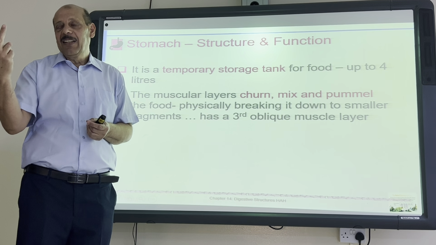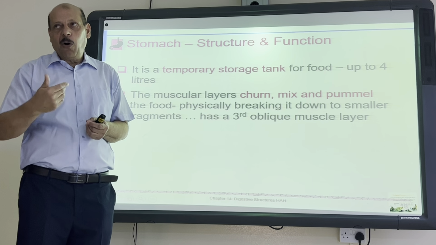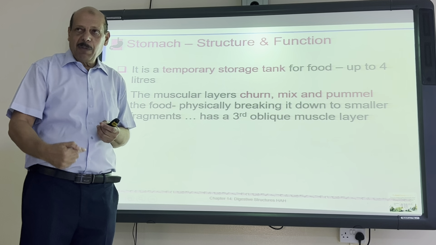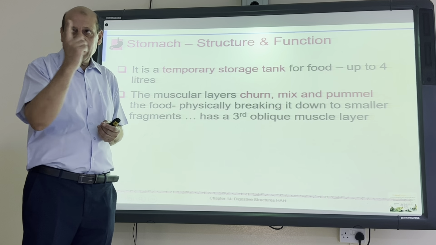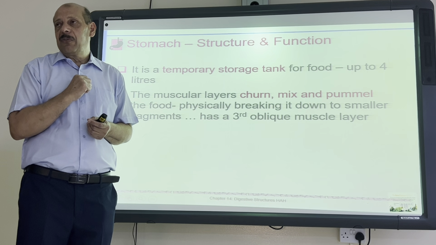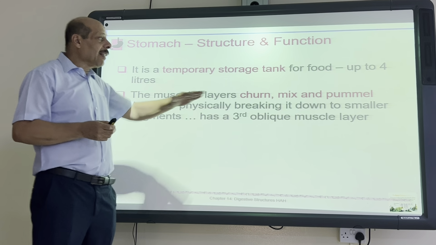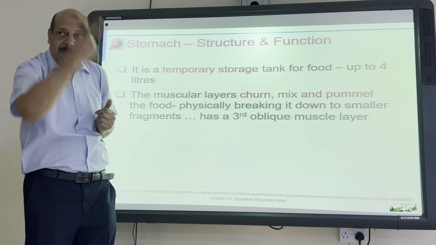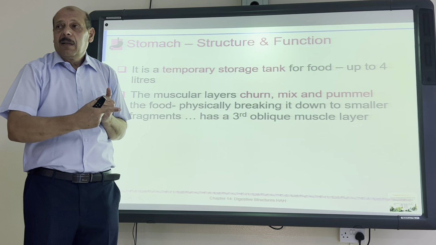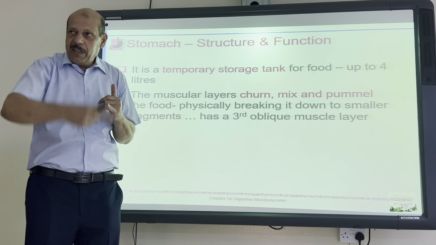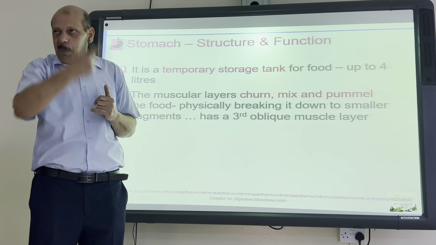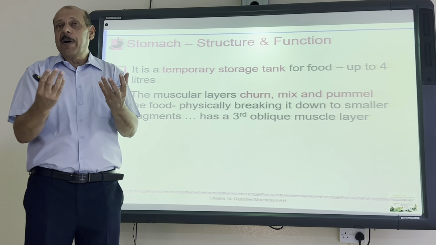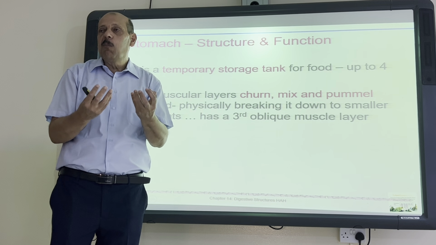So all through the gastrointestinal tract, there is the longitudinal muscular layer and the circular layer. Here in the stomach, it has another third layer which is oblique. So there are longitudinal, circular, and oblique muscles, which make the stomach wall stronger.